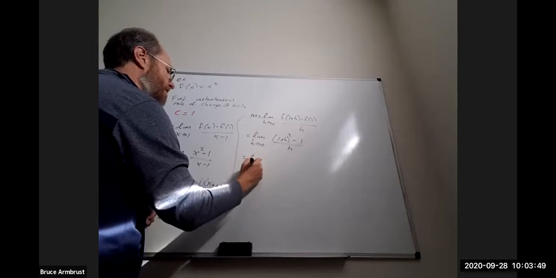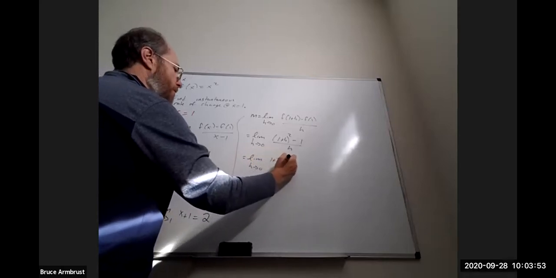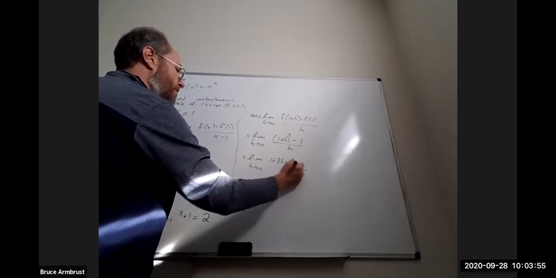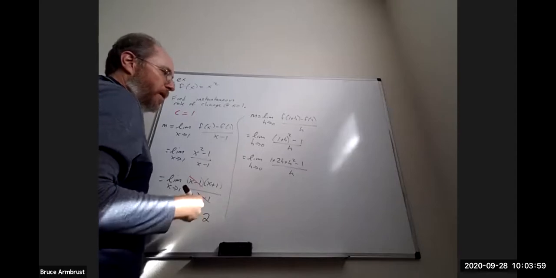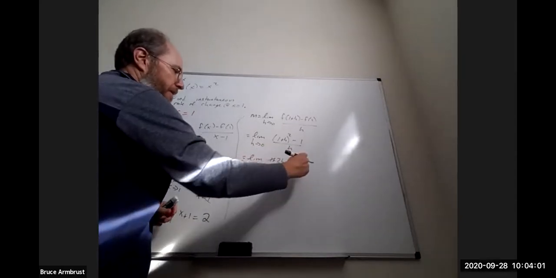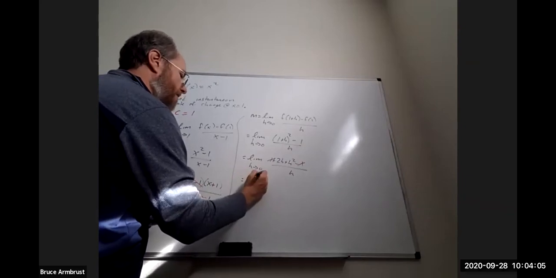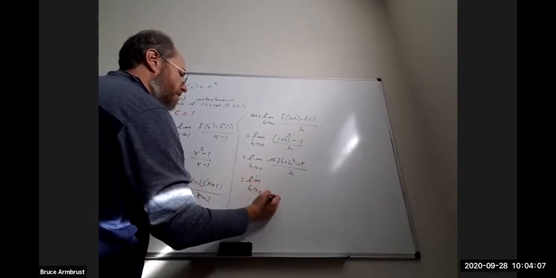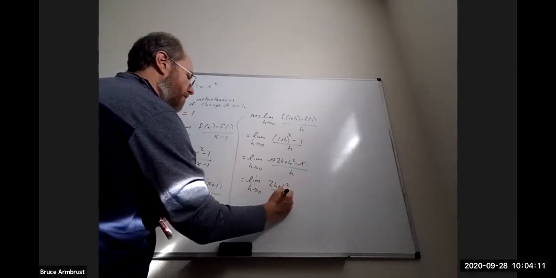I'm going to multiply that stuff out on top. We can get 1 plus 2h plus h squared minus 1. 1 minus 1, those are going to cancel each other off. So I'm left with the limit as h goes to 0 of 2h plus h squared over h.